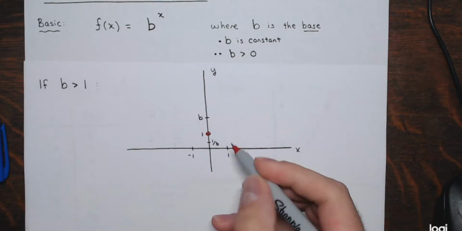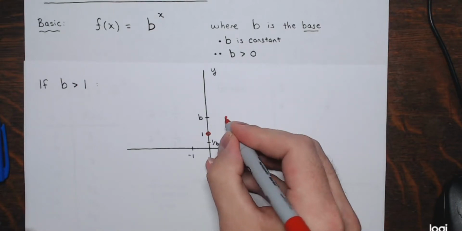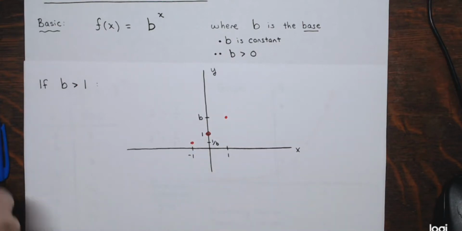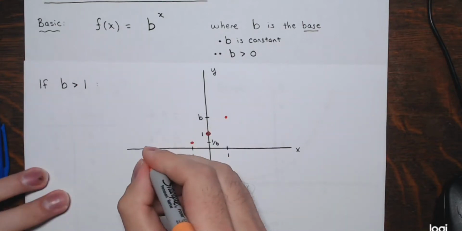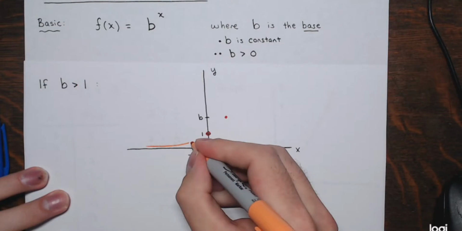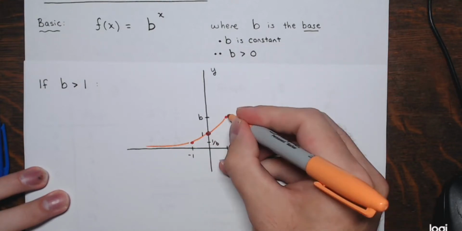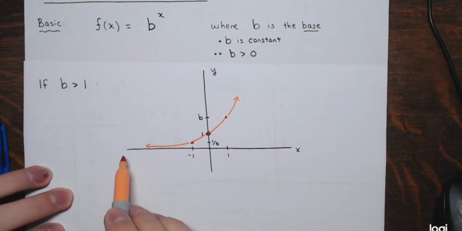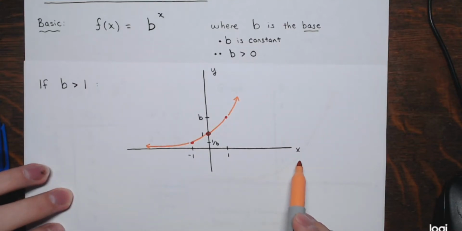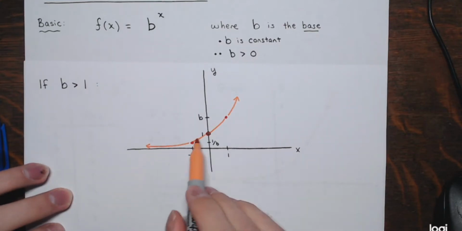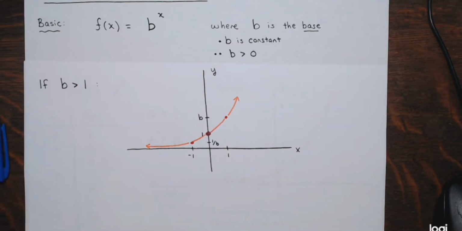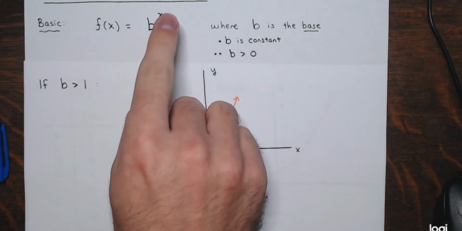And you'd have negative 1, 1 over b, the reciprocal, and it would be an increasing exponential function. And the horizontal asymptote is the x-axis. Increasing, the domain is all real numbers, the range is only positive numbers. And again, this is simply y equals b to the x.